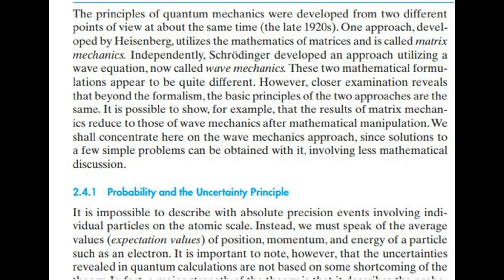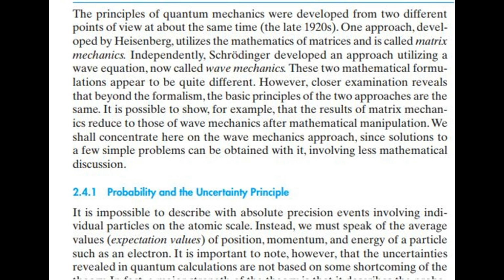However, closer examination reveals that beyond the formalism, the basic principles of the two approaches are the same. It is possible to show, for example, that the results of matrix mechanics reduce to those of wave mechanics after mathematical manipulation. We shall concentrate here on the wave mechanics approach, since solutions to a few simple problems can be obtained with it, involving less mathematical discussion.